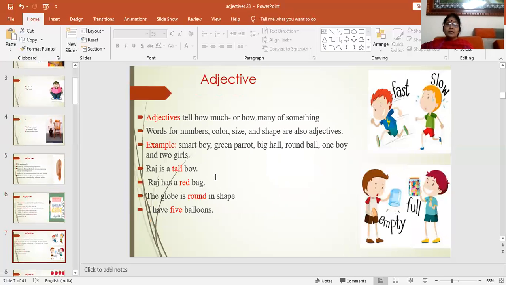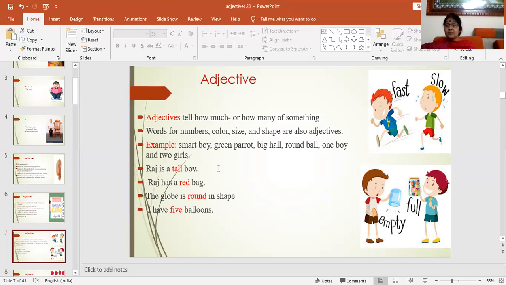Now, not only that, they not only give more information, but adjectives tell how much or how many of something, right? What is it? It tells us how much or how many of something. Like words for numbers, color, size, shape are also adjectives.